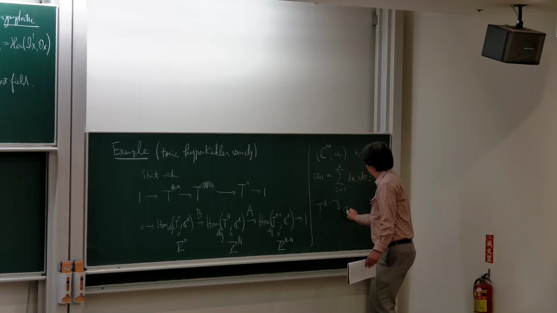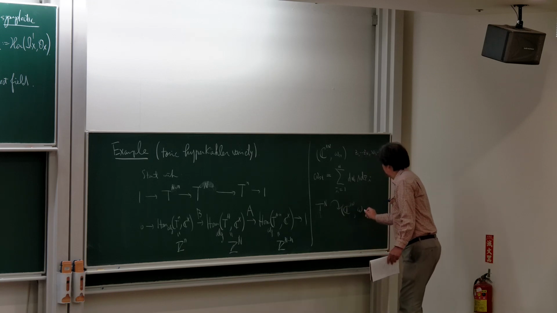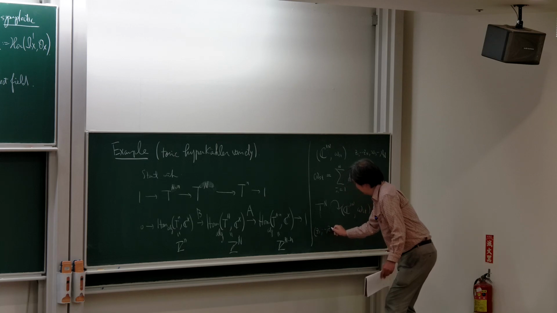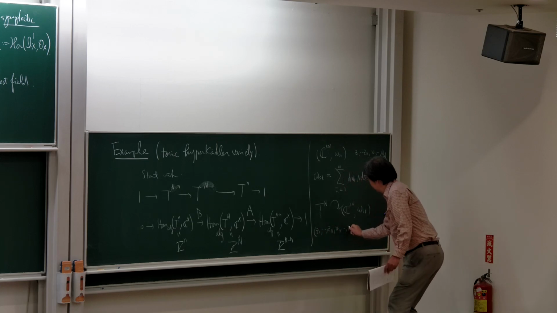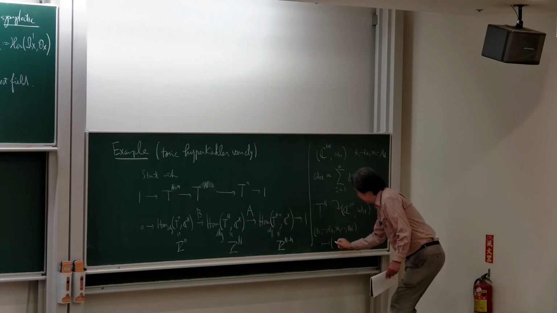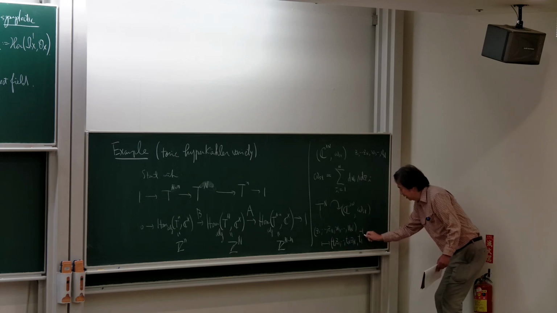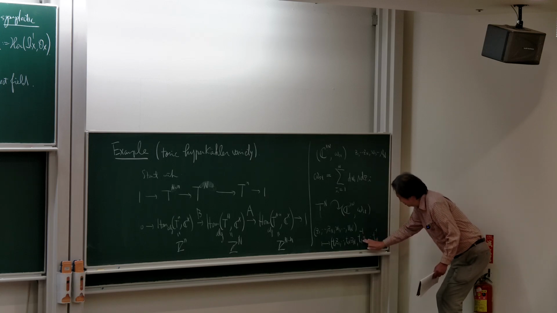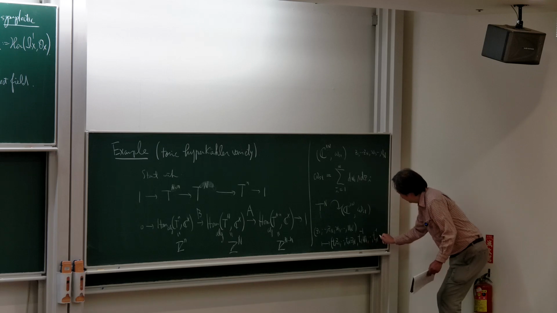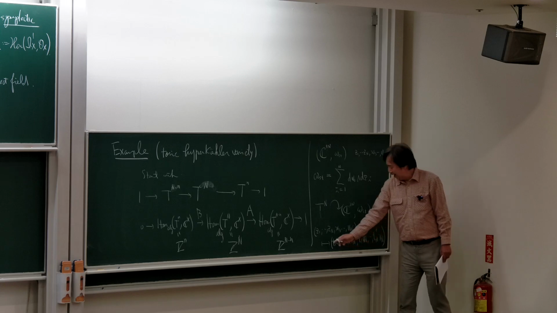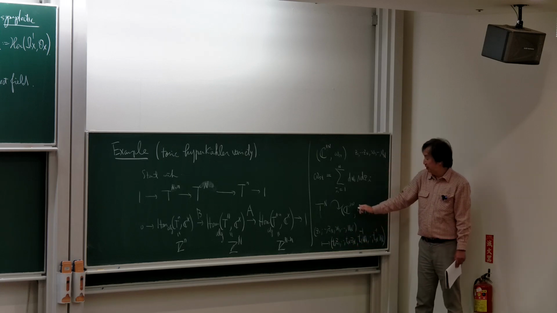acts on this space in the following way. (z_1,...,z_N, w_1,...,w_N) goes to (t_1 z_1,...,t_N z_N, t_1^{-1} w_1,...,t_N^{-1} w_N). Of course, this action preserves the symplectic form.